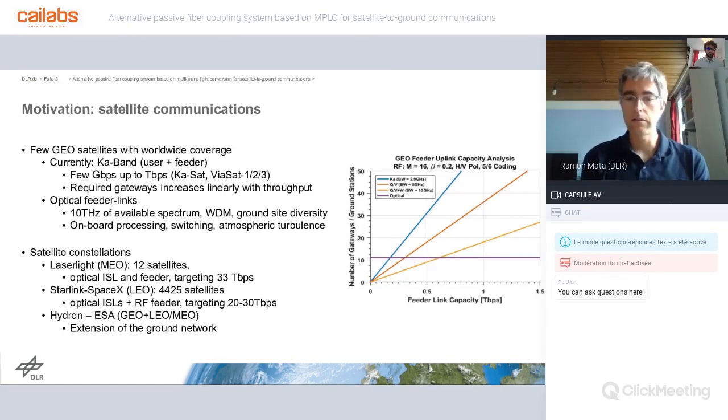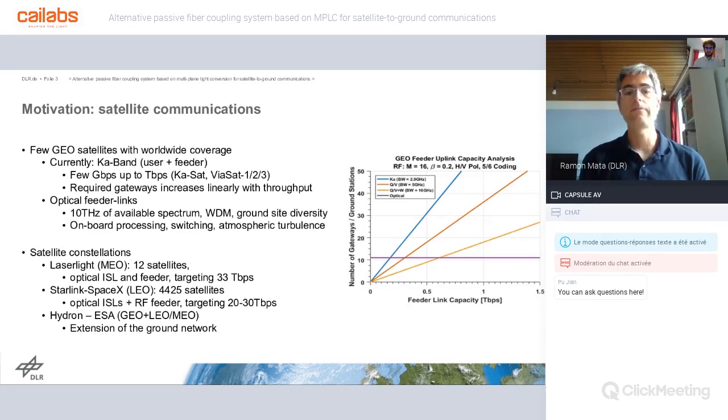So one single ground station can provide the capacity that you require, because the bandwidth available for free space communications is about 10 terahertz, and it's bandwidth which is not regulated. So it's available, and optical communications is very directive. One can avoid any interference.